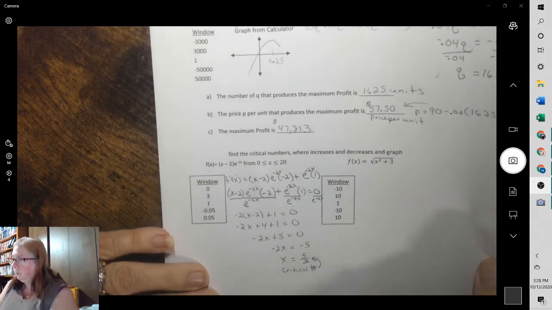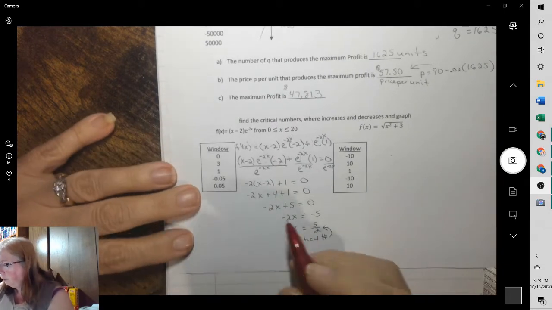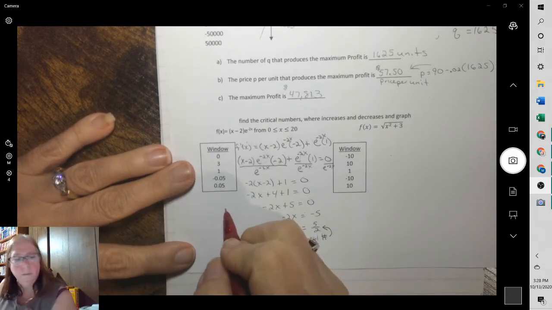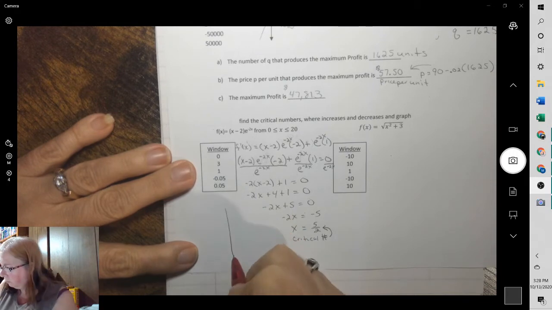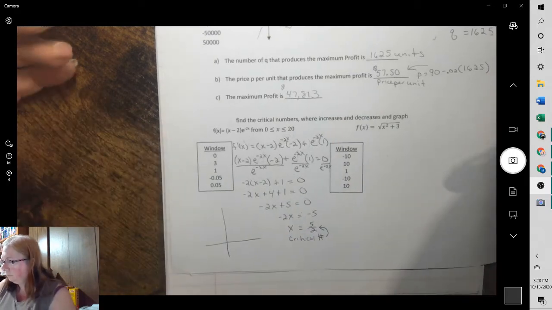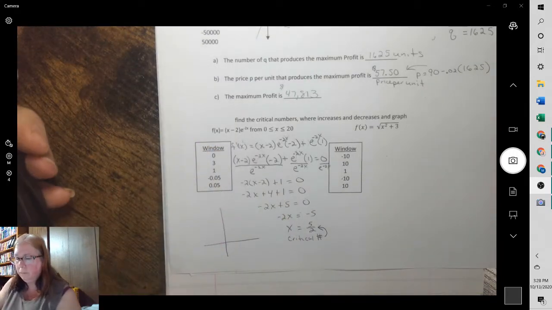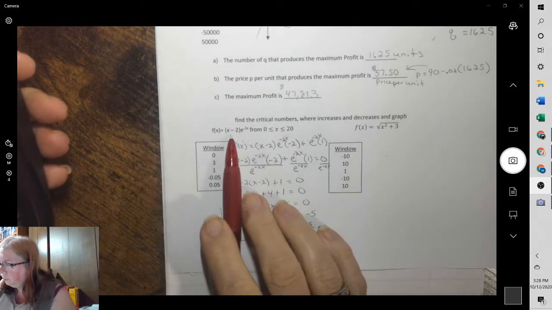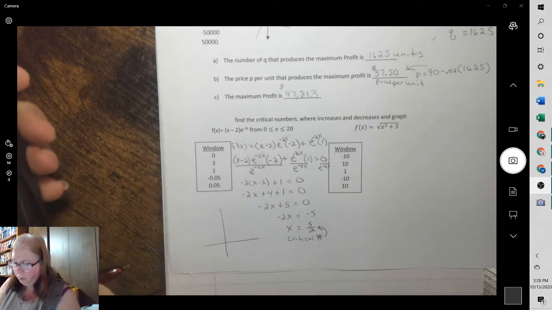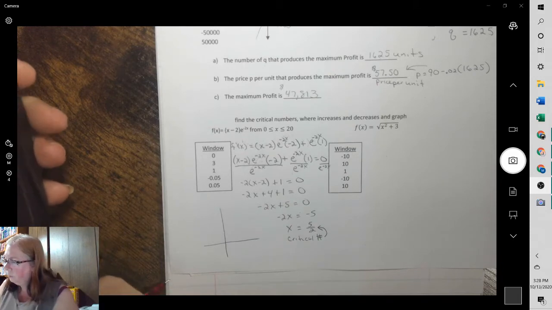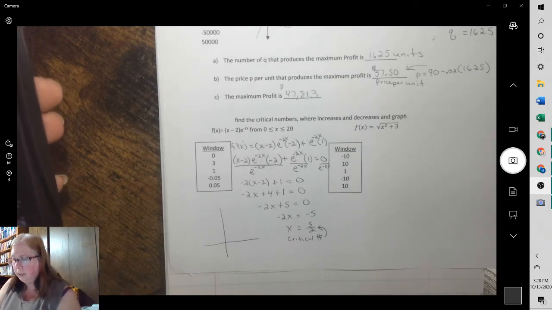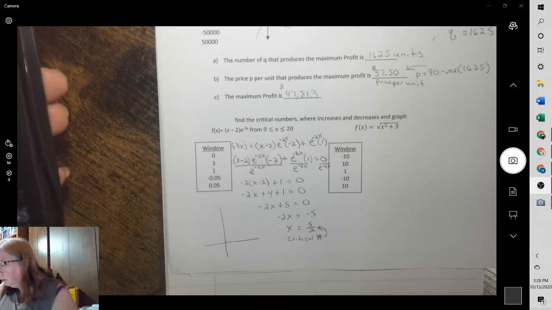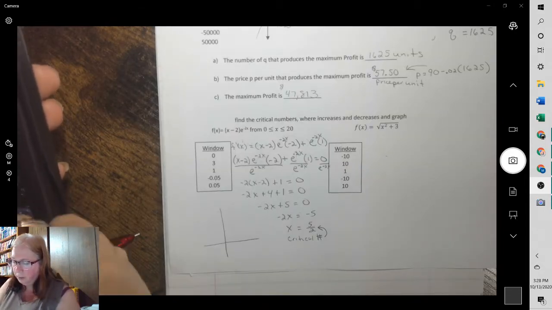Now to see where the increasing and decreasing is, we can graph it. We want to plug in the original, x minus 2, and then e to the -2x.